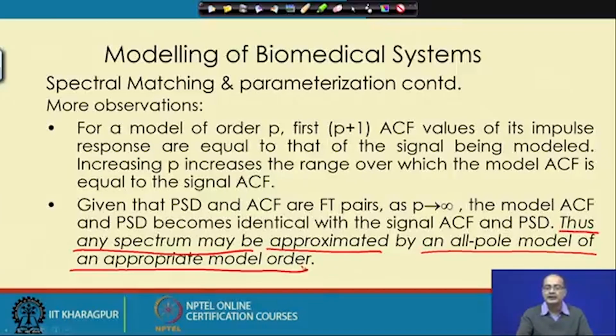Previously we have said that in the case of biomedical signals the AR model is good, but there may be cases where the MA model would have been more appropriate, or an ARMA model would be a better model in terms of a compact representation.